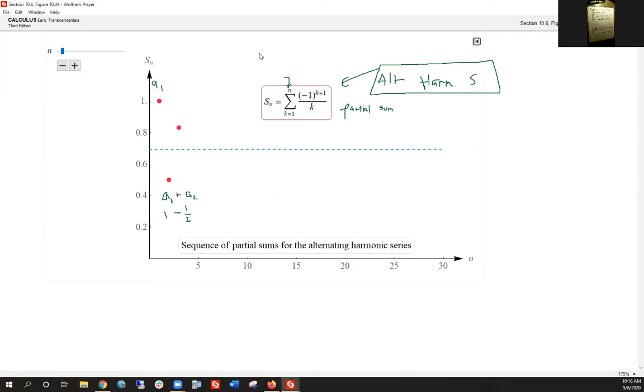And then our third dot, so this is A1 plus A2 plus A3, or you're going to get the 1 minus a half plus a third. Right? I think the pattern is starting to show up.